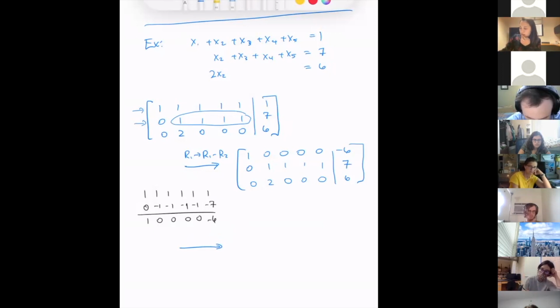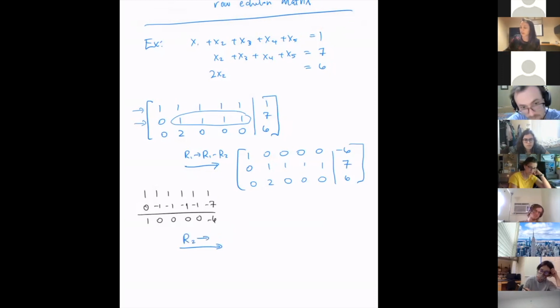So what I'm going to do now is take row 2 and replace it with row 2 minus 1/2 row 3.